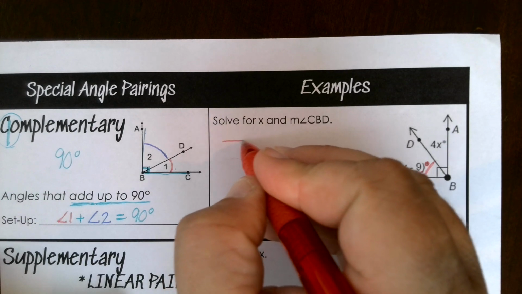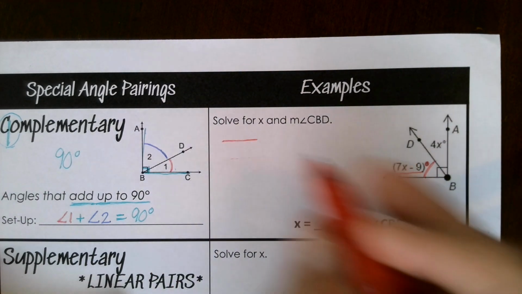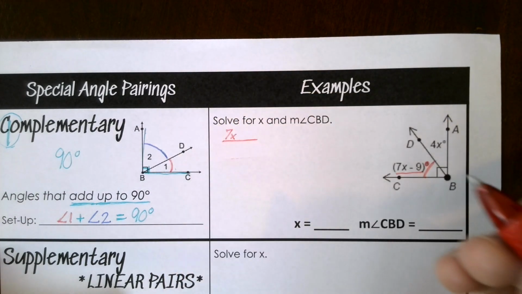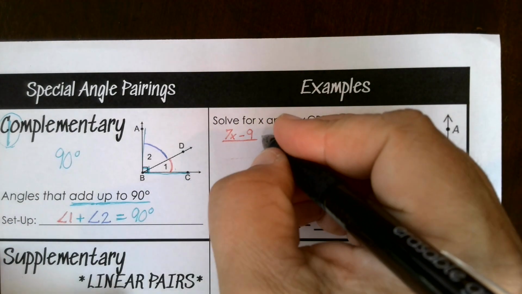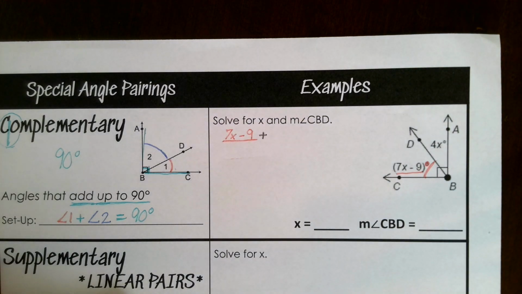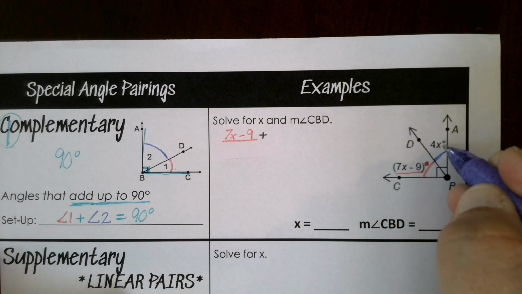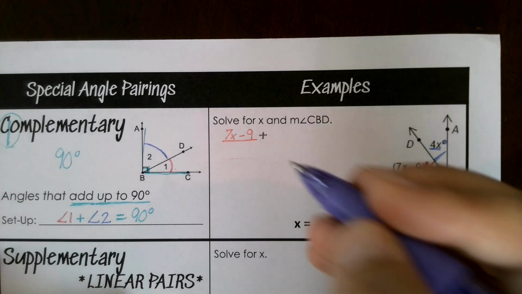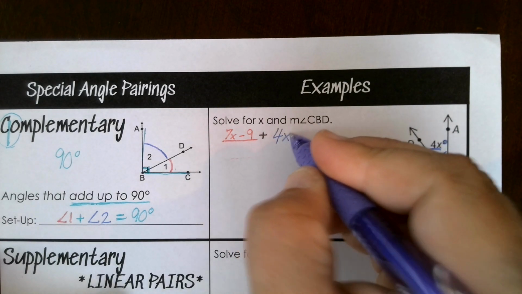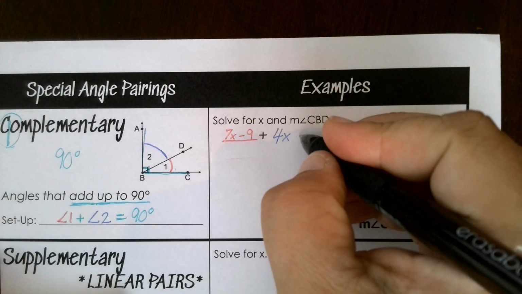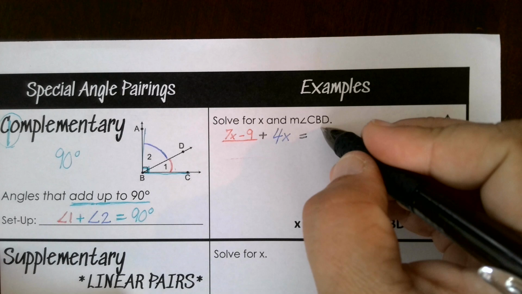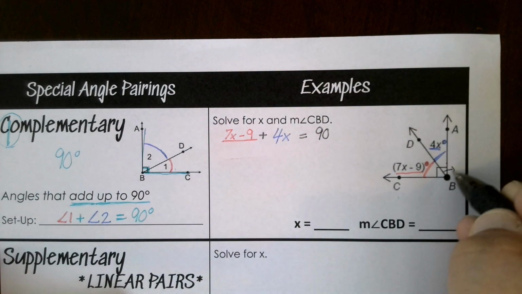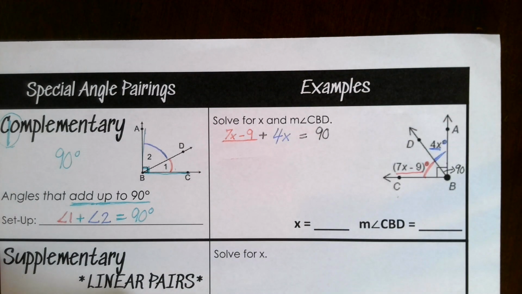So we have our first angle, the whole thing, 7x minus 9, plus our second angle, which, everything in front of the degree is 4x, so plus 4x is equal to, and we know they are adding up to 90 degrees because they are complementary. We see this little box, which means 90, right?